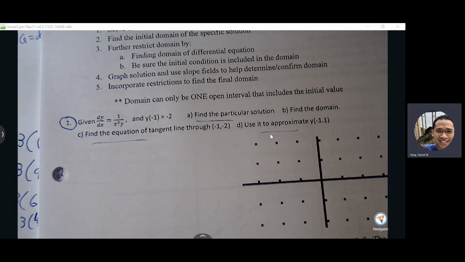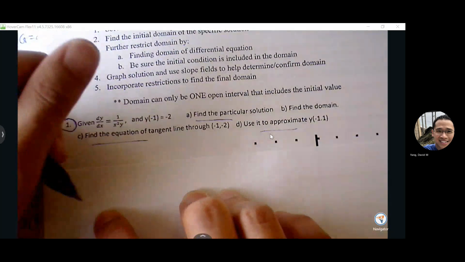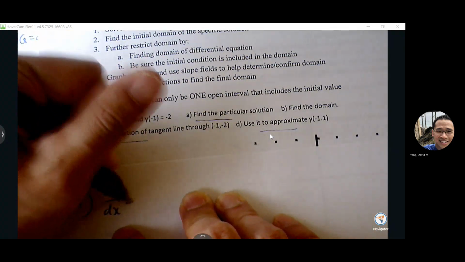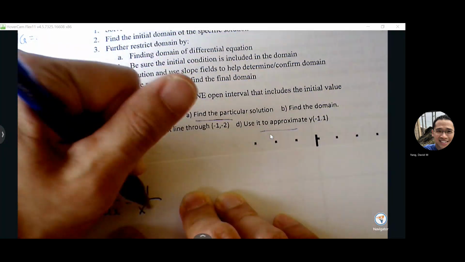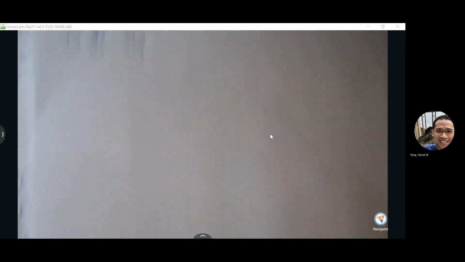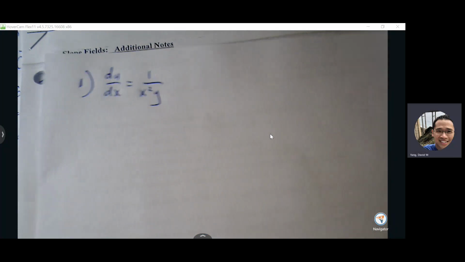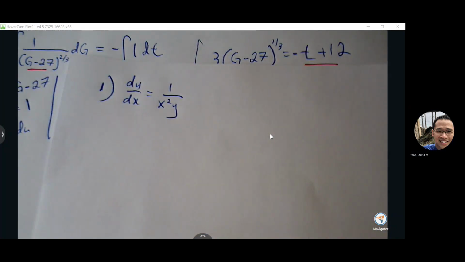So it's up to you. The keys are on the next page, so you can move ahead if you're ahead of me.